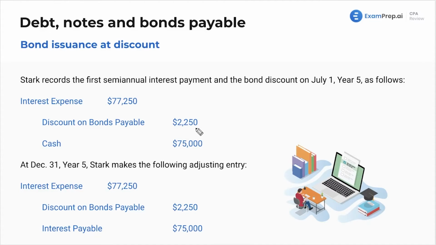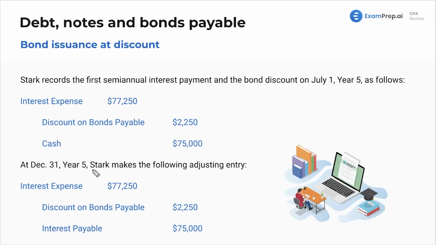Discount on bonds payable. This is for our straight line method, right? We do have the effective method. We'll see those in examples, but we are going to credit our discount on bonds payable to reduce overall the net effect, because originally we debited discount on bonds payable. So now we're going to credit it in total, and at the end of this process, it's going to equal the total amount of the original discount on the bonds payable.